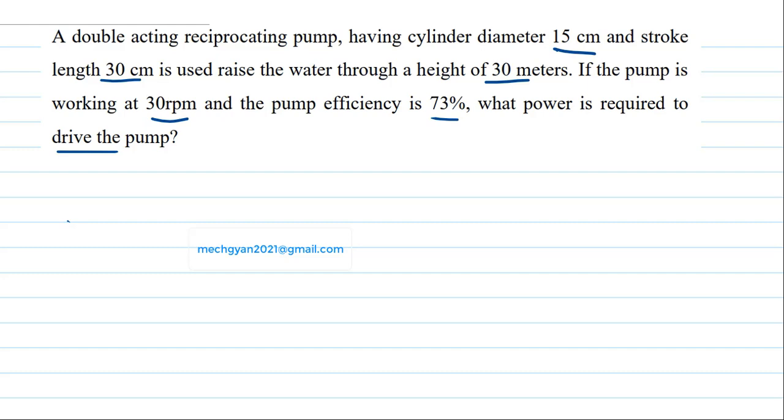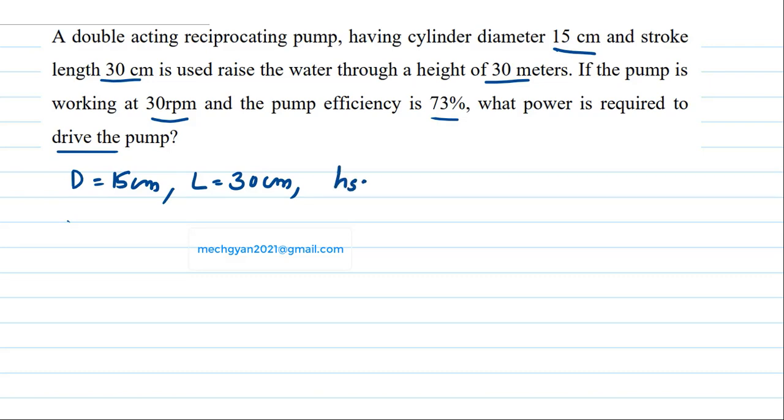So first of all, a double acting reciprocating pump having cylinder dia 15 cm. So diameter is equal to 15 cm and stroke length L equal to 30 cm, and it is used to raise the water to a height of 30 meter.